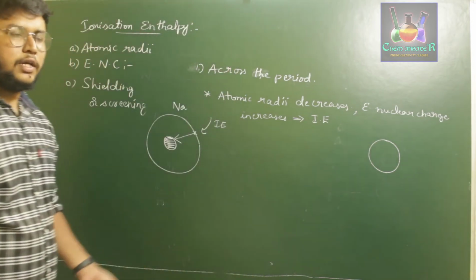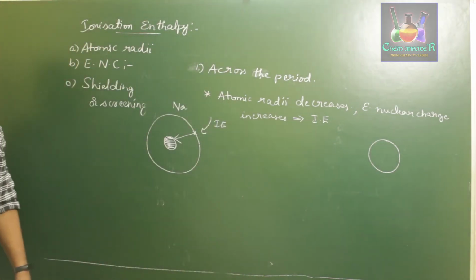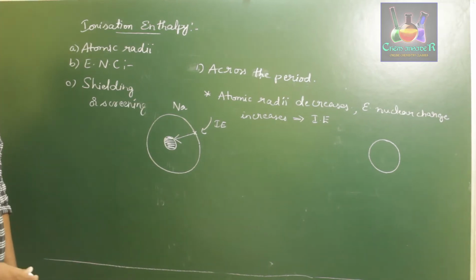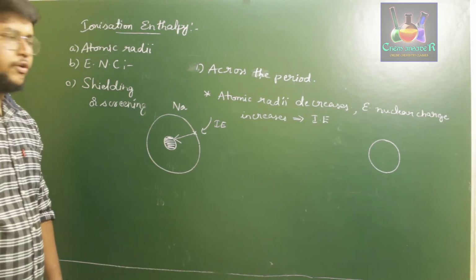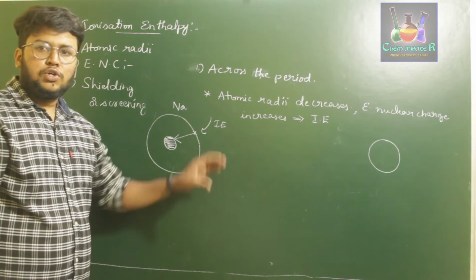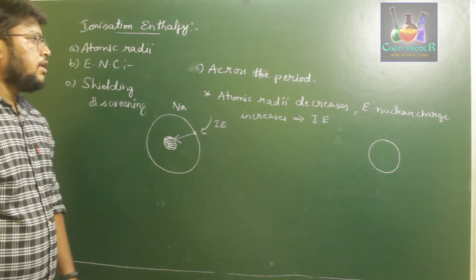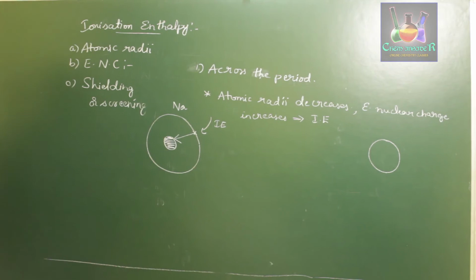From left to right, that is across the period, with the increase in effective nuclear charge, ionization enthalpy starts to become greater and greater. So we need more and more energy in order to remove an electron in the smaller atoms from left to right. Okay. Next, what about down the group?